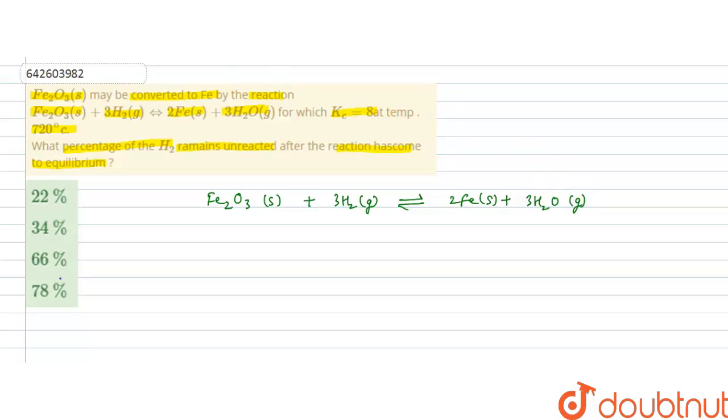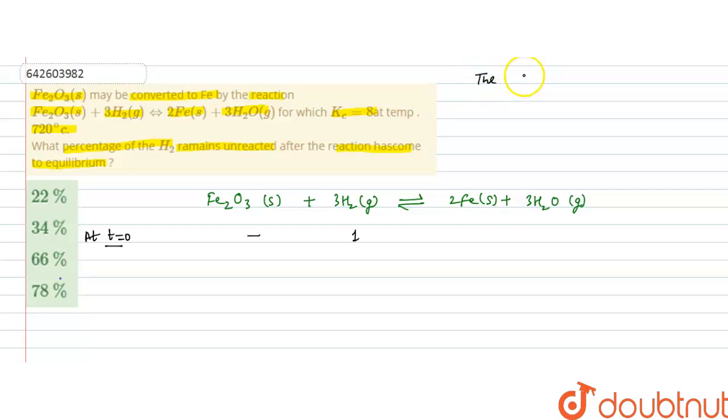Now let's say at time t equals 0, 1 mole of hydrogen is present. We are not taking into consideration Fe2O3 because it is in solid state, so no moles will be there because its concentration is taken as 1.